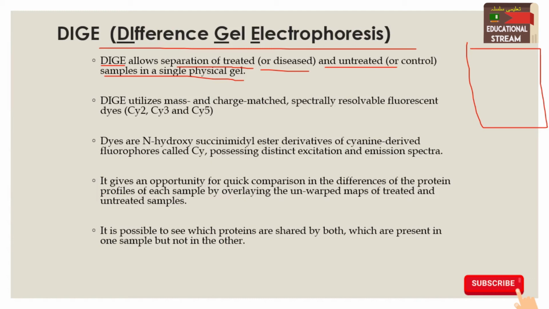For that purpose, DIGE utilizes mass and charge matched spectrally resolvable fluorescent dyes, and we use 3 dyes: for the treated, untreated and one for the internal standard. So the 3 dyes used include Cy2, Cy3 and Cy5.